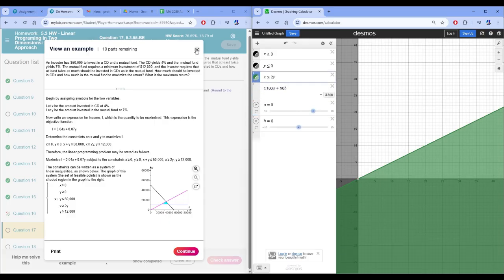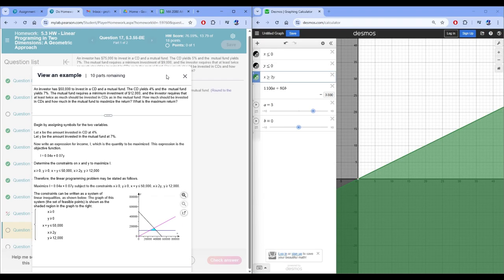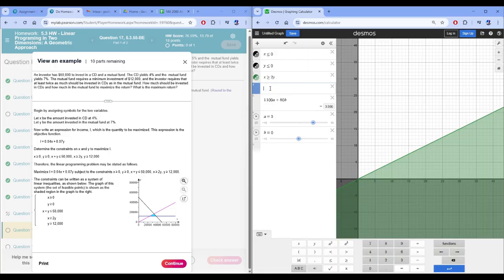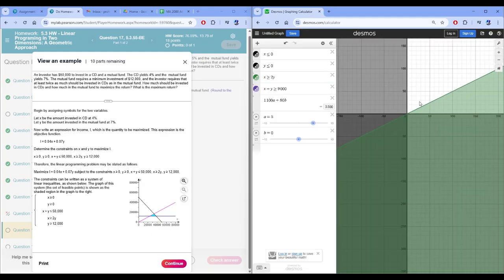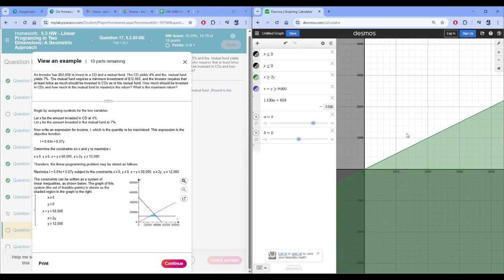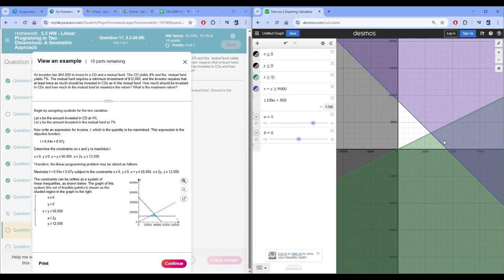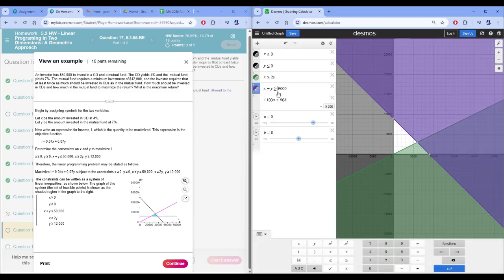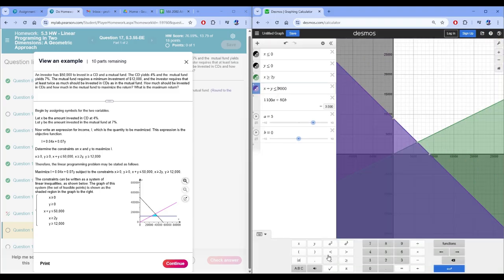And then I know from my problem that I must have a minimum of 9,000 invested. So that needs to be a new expression: X plus Y must be greater than or equal to 9,000. We're going to zoom out because it's going to be a much bigger graph. I'm sorry, X plus Y is less than or equal to 75,000.